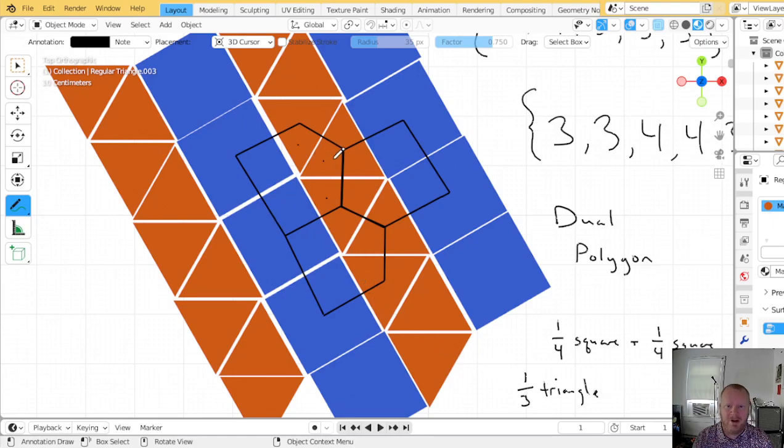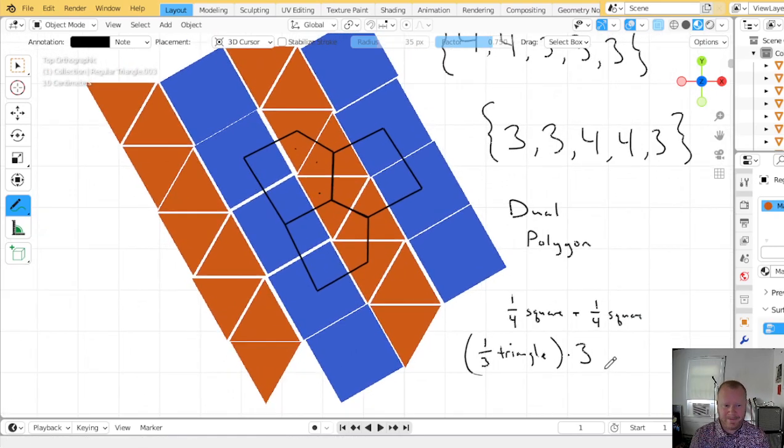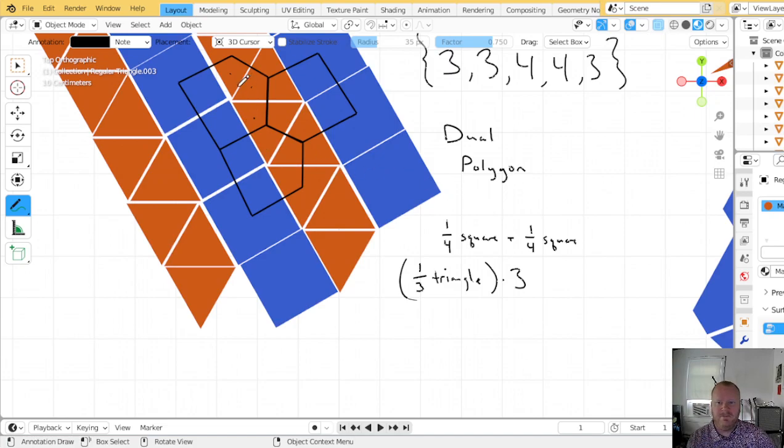Rather than say a third of a triangle plus a third of a triangle plus a third of a triangle, I'm going to say this is a third of a triangle times 3. So this dual polygon overall contains 1/4 of a square plus 1/4 of a square plus 3 1/3 of a triangle. This is the same as saying it's got 1/2 of a square, and 1/3 times 3 is 1 whole triangle.